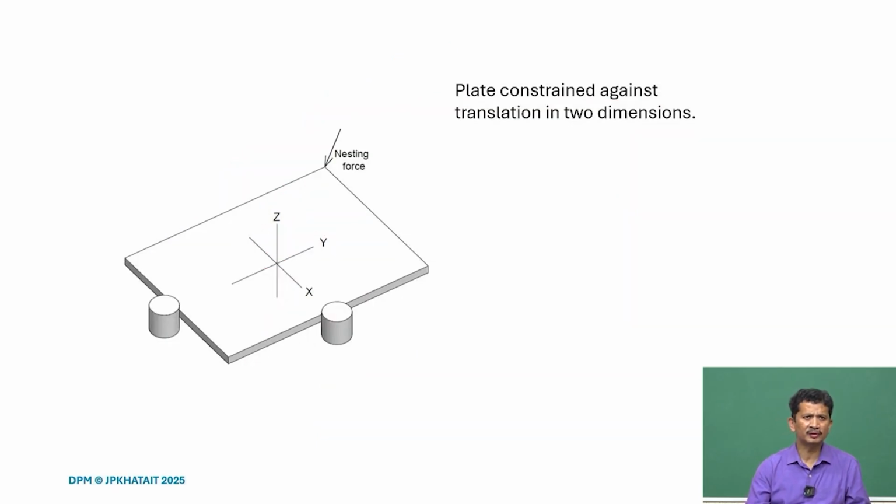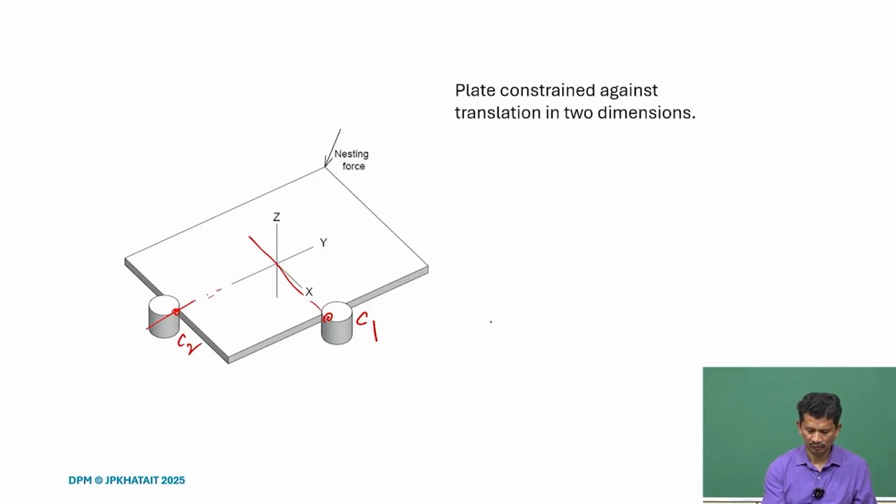What happens if we change the configuration? Now in this case, we have C1 which is along the x direction, and the other is C2, the contact which is along the y direction.